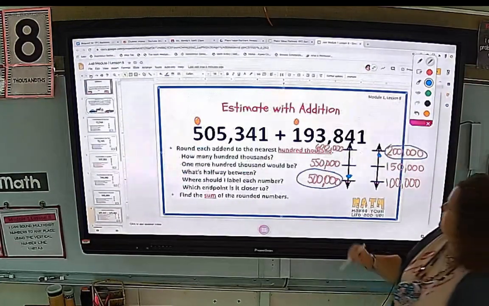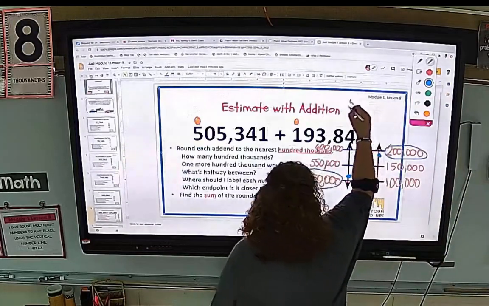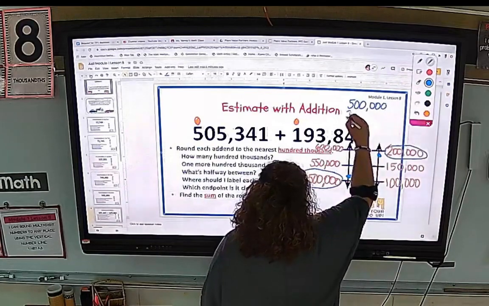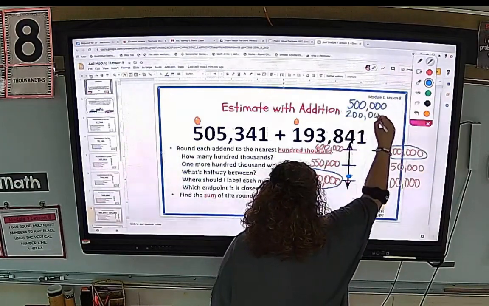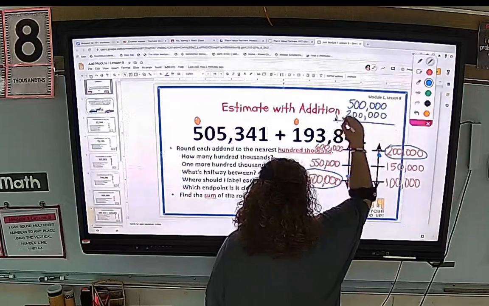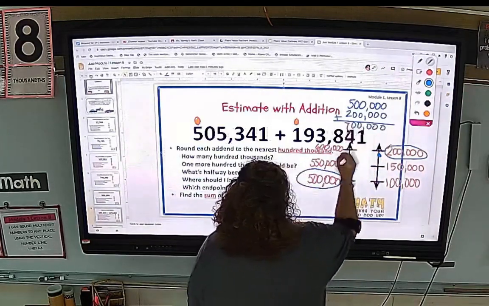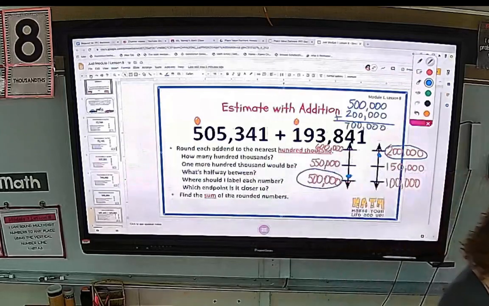So when you add these together, you're going to add 500,000 plus 200,000. Make sure your numbers are lined up. And 700,000 would be your answer.